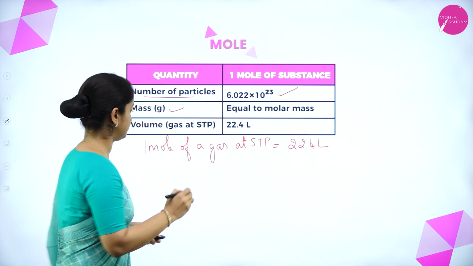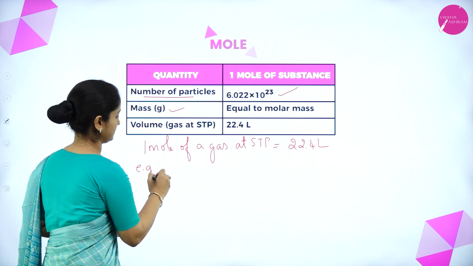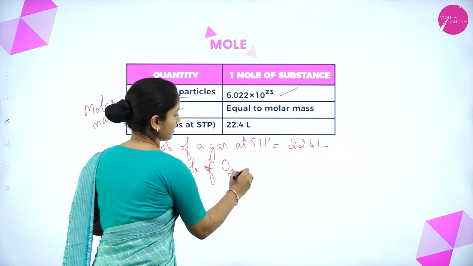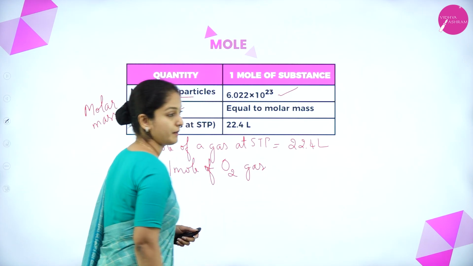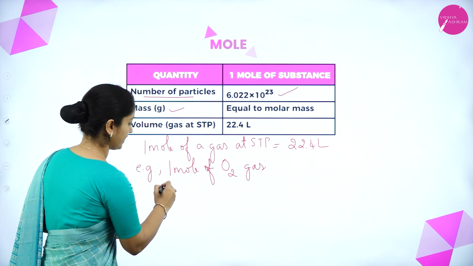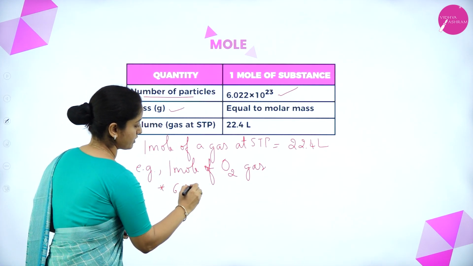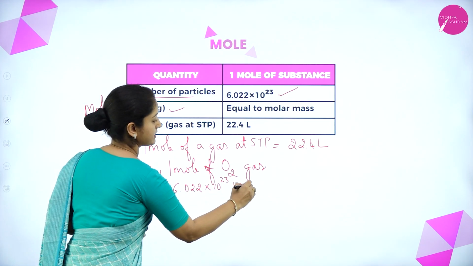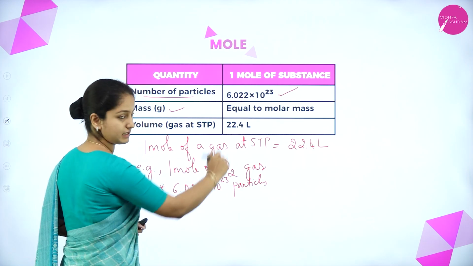Say for example, 1 mole of oxygen gas would contain Avogadro number of particles. This is in terms of particles.